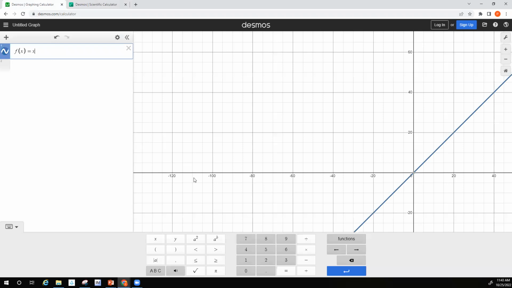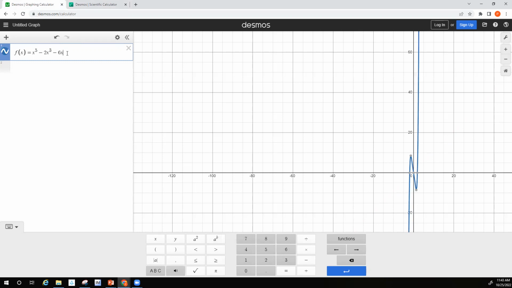So x, and then a to the b, fifth power. Notice that the cursor is still up there, so click down here. Minus 2x cubed, and then a to the b, 3. Bring it down. Minus 6x, minus 2. All right, there you go.